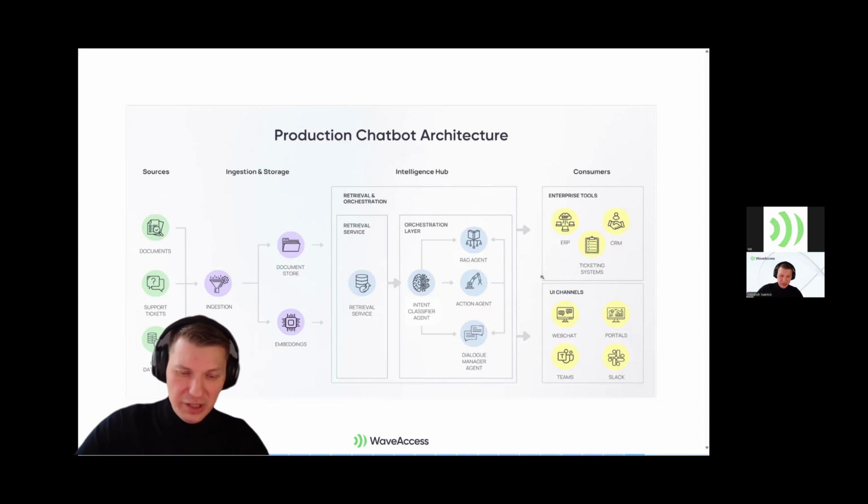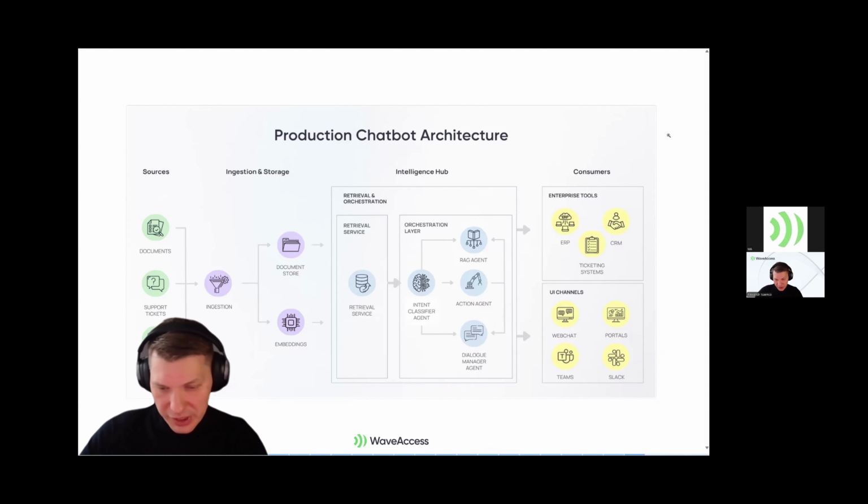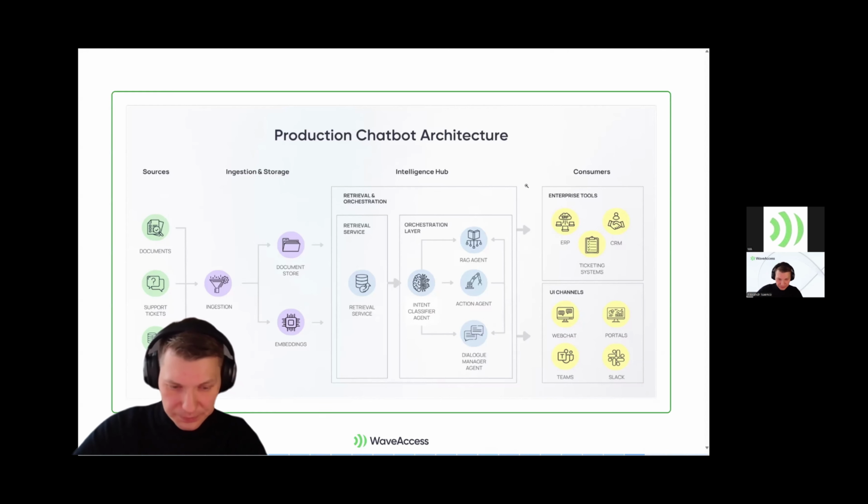We think about this Intelligent Hub as a central section, and we also look at the company infrastructure, business processes, and use cases, and understand whether it should be complex or simple, and what the best approach is for the future. The last item is consumers: who will be using it, which systems should be integrated, and what are the UI channels, is it web chat, Telegram, Teams, Slack, WhatsApp, or a portal. All those areas should be taken into consideration while designing this architecture.